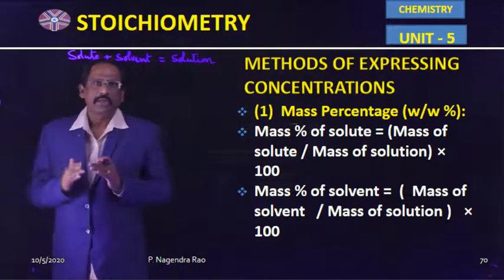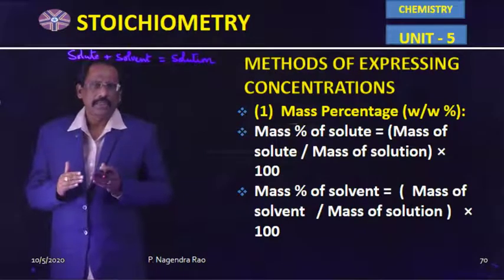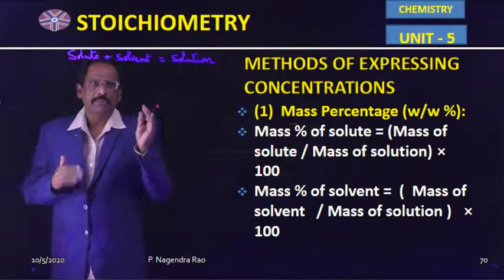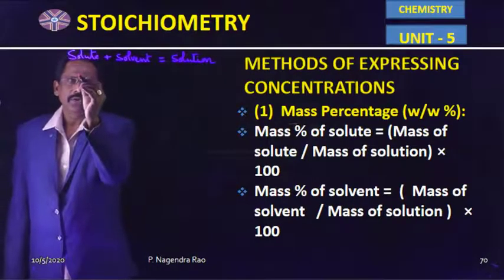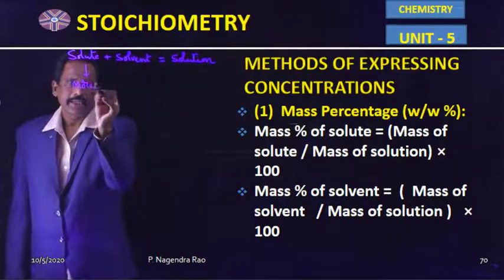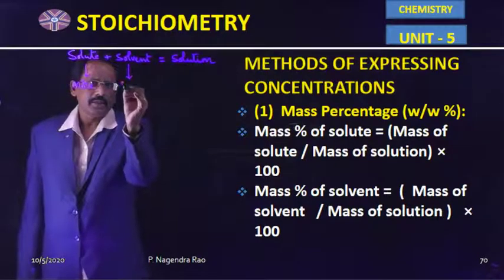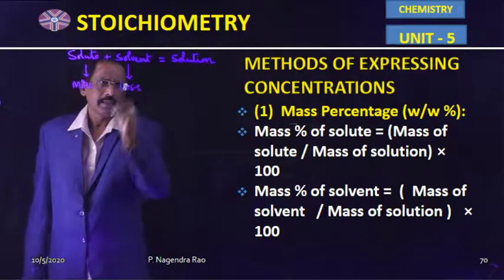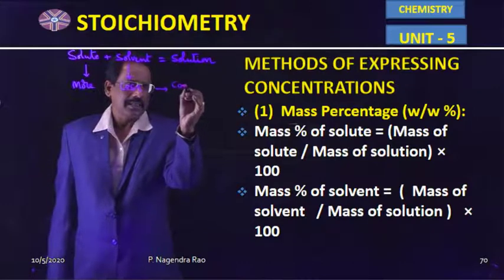A fixed amount of solute is dissolved in a suitable solvent, and a solution is prepared. In this preparation, if the solute weight taken is more when compared with the solvent, that solution is a concentrated solution.